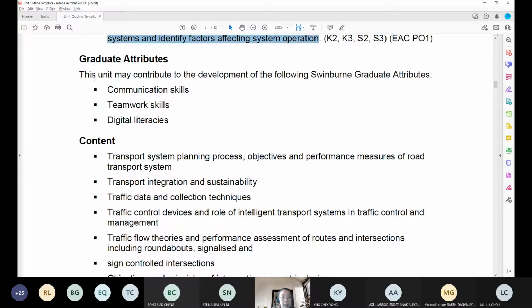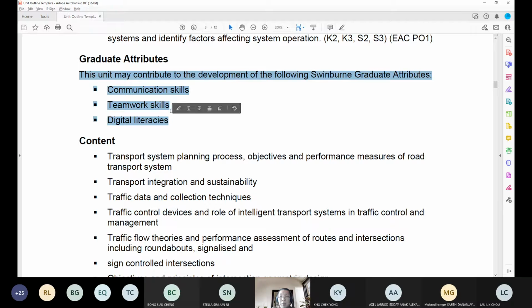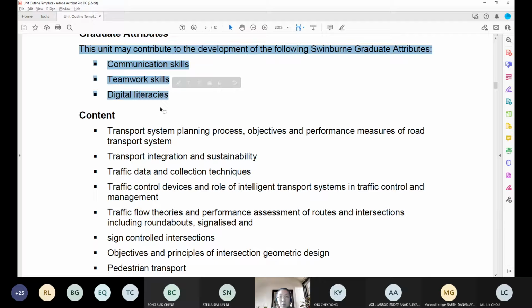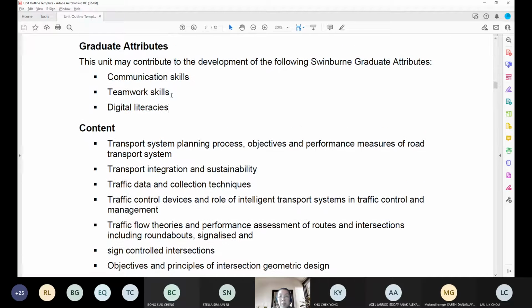All right, so then for this unit, it may contribute to the development of the following Swinburne graduate attributes in terms of communication skills through the projects, teamwork skills also through the projects, because all your assessment, except for quizzes and final assessment, will be teamwork or group work. Okay, and you will also develop your own digital literacies, not just because there is a software for you to use.